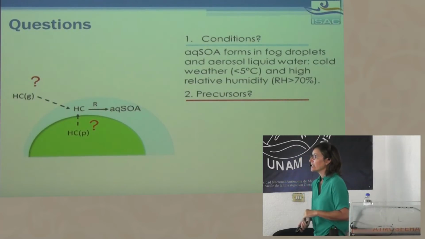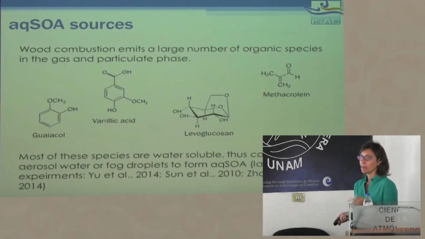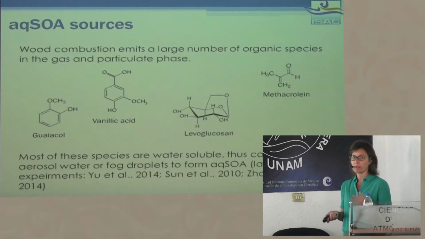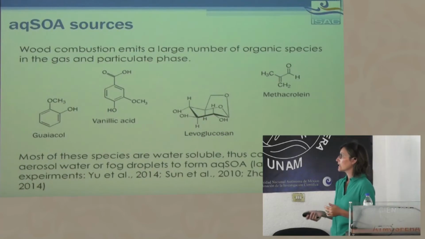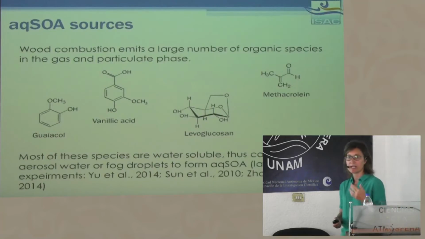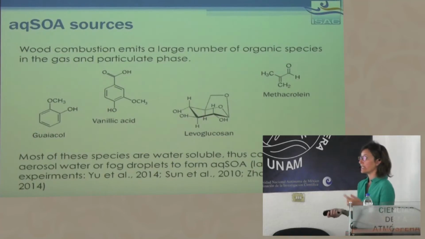So the next question is, what are the precursors? Well, we know that in the Po Valley, one important source of pollution is wood burning for residential heating. And we know that wood burning actually emits a large number of molecular species, including, for example, phenols, like guaiacol, acids, sugars like levoglucosan, mannosan, and galactosan, and aldehydes like methacrolein or formaldehyde.